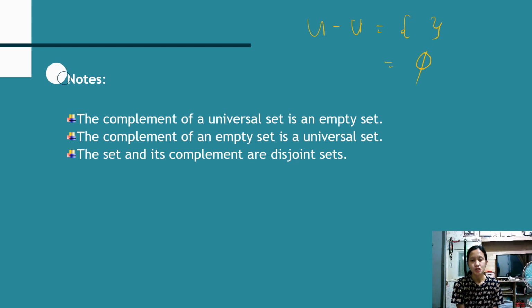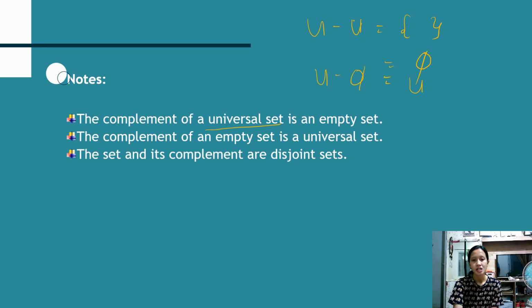The complement of an empty set is a universal set. When it comes to the complement of an empty set, U minus an empty set is just equal to a universal set. So, any number minus 0, the answer is any number.